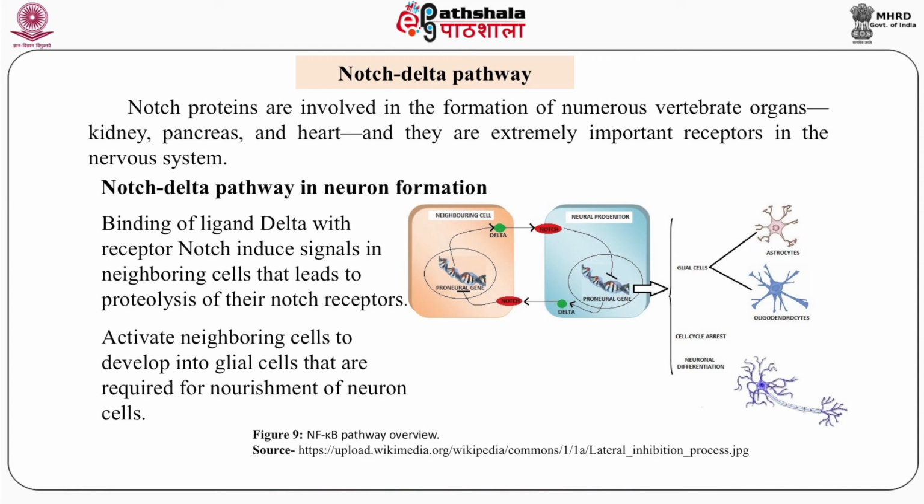This figure shows lateral inhibition of neighbor cells by neural progenitors. Neural progenitor cells activate the expression of Delta that binds to the Notch receptor of neighbor cells and induces them not to form nerve cells.